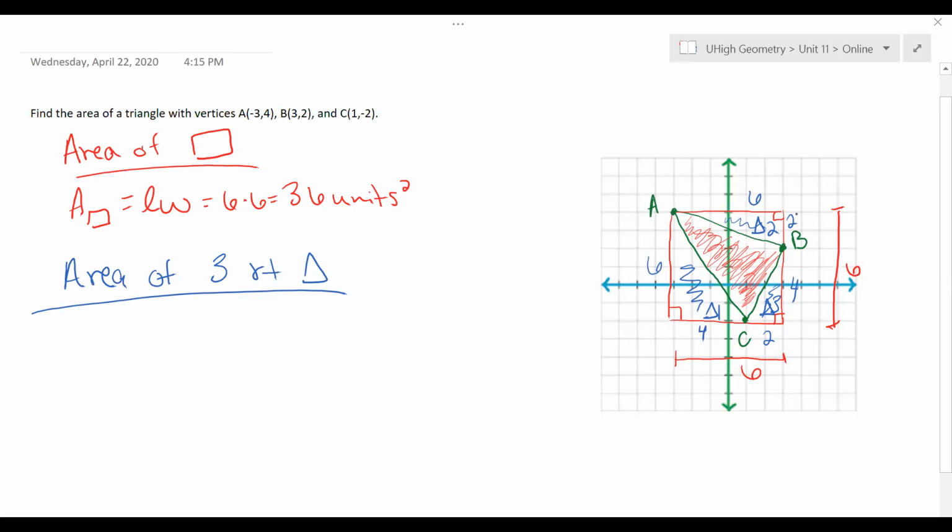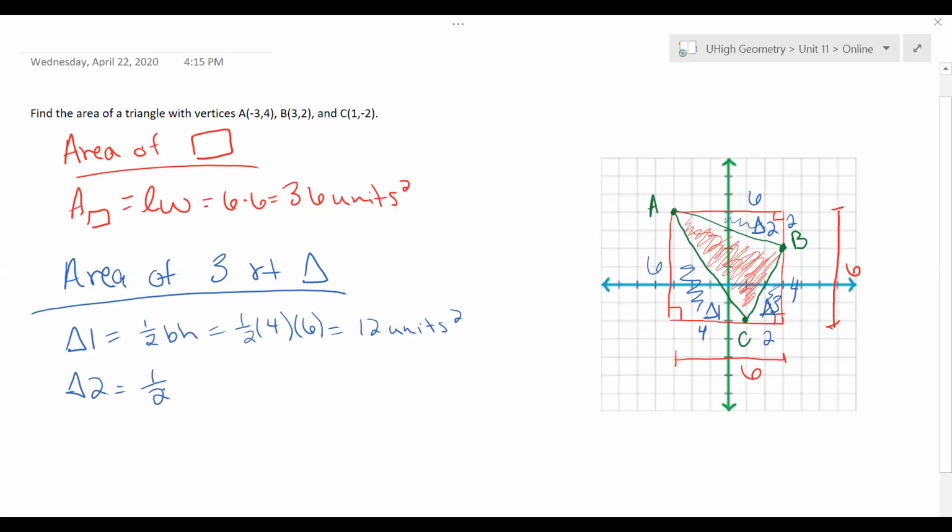Okay, so for triangle 1, I'm doing 1/2 base times height. So 1/2, my base is 4, my height is 6. So my area is going to be 12 units squared. Triangle 2, I'm going to do 1/2.